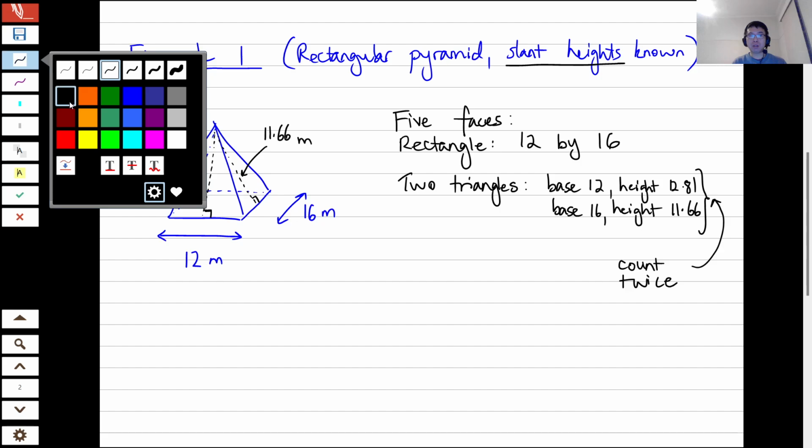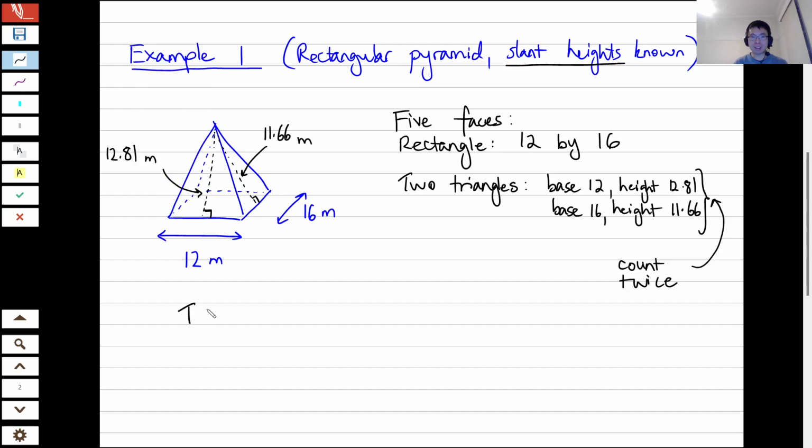Okay, so the total surface area in this instance is going to be the area of the rectangle at the bottom, which is 12 times 16, plus the area of the first triangle, half times 12 times 12.81. And then I'm going to double it because I'm counting this front triangle twice.